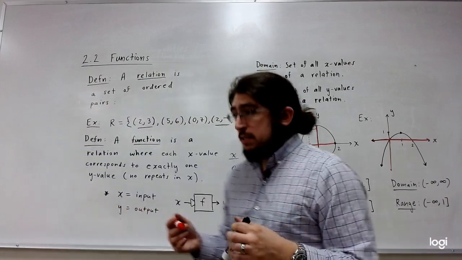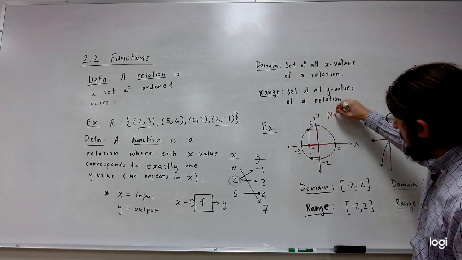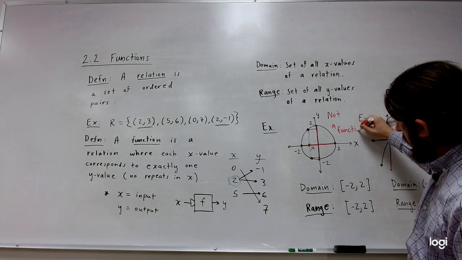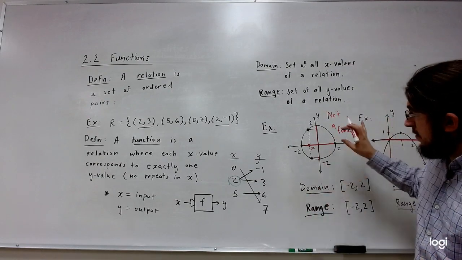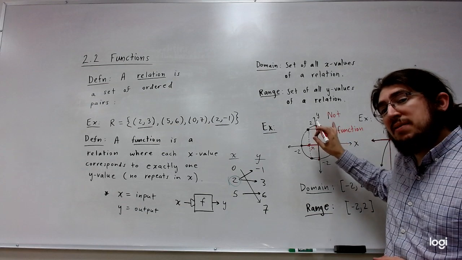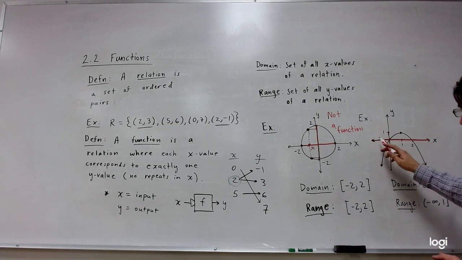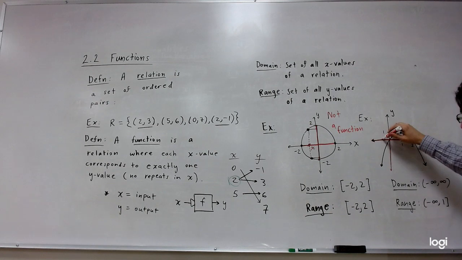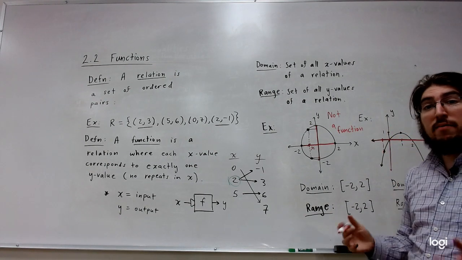So just by looking at this, we can tell right away that this is not a function. This is not the graph of a function because you have 2 points that have the same x value but different y values. Here, it's not the case. Any x value would only correspond to one y value. And you can see that visually by picking some random x value, projecting it to the graph, and it only hits the graph once.